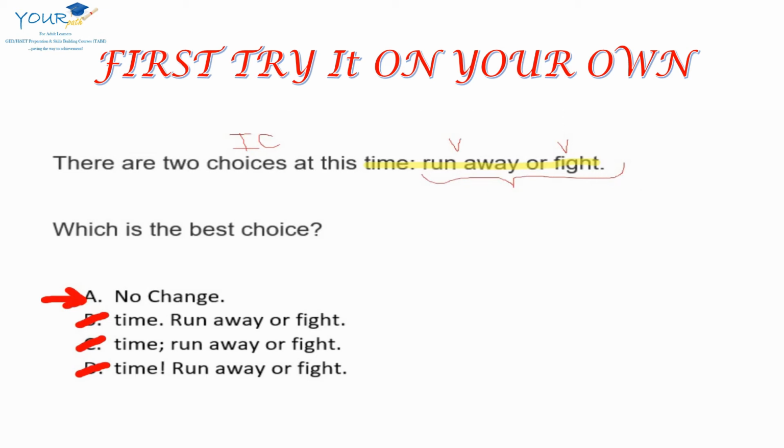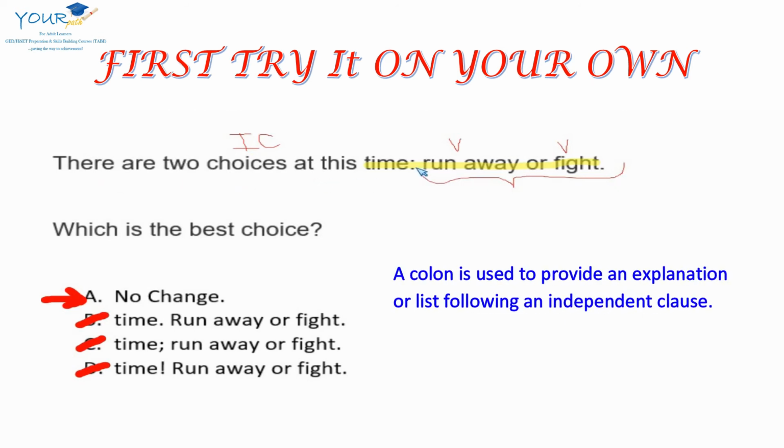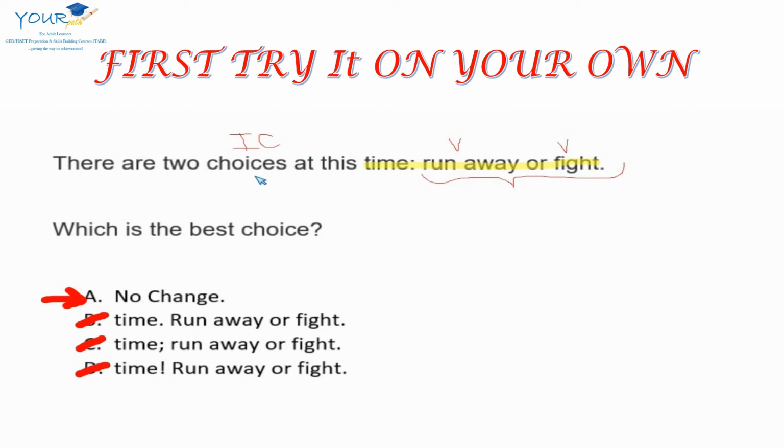So now let's discuss why option A would be the correct choice, because here we have, there are two choices at this time, colon, run away or fight. Well, the two choices are now being explained by what follows the statement, there are two choices at this time, run away or fight.